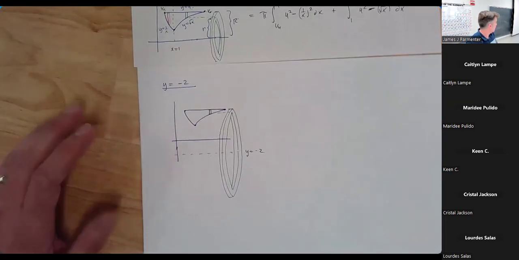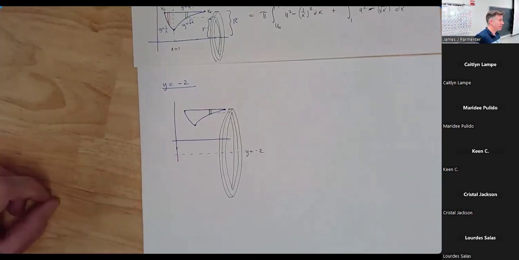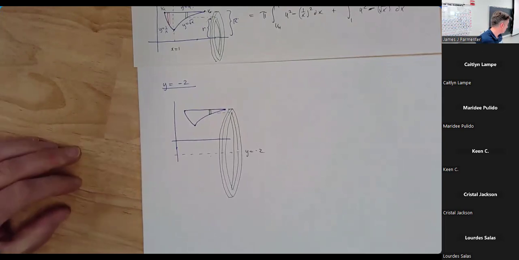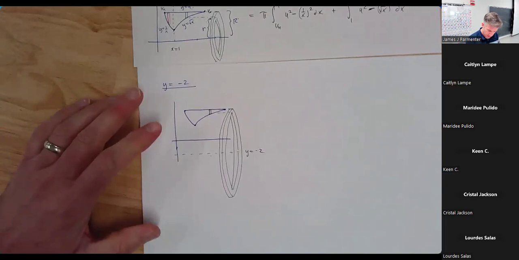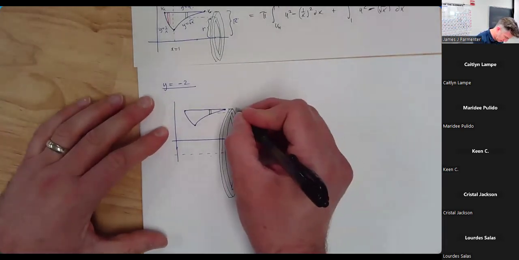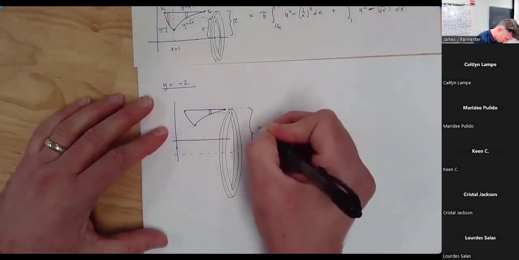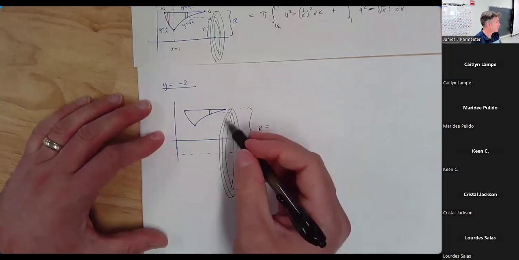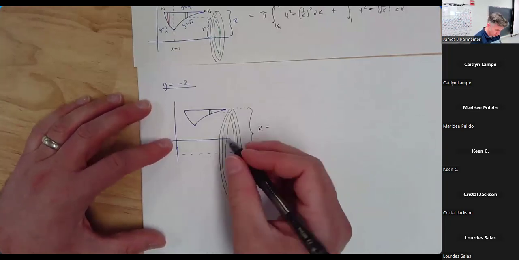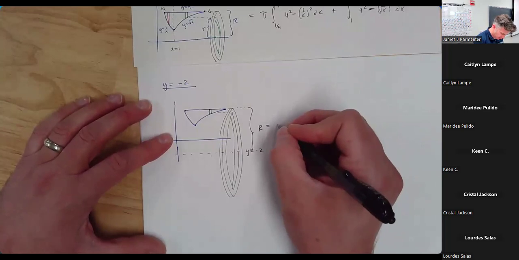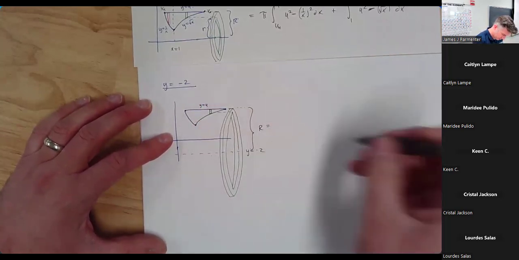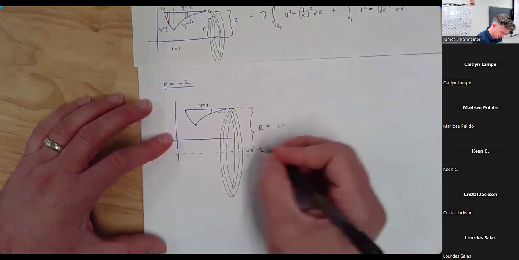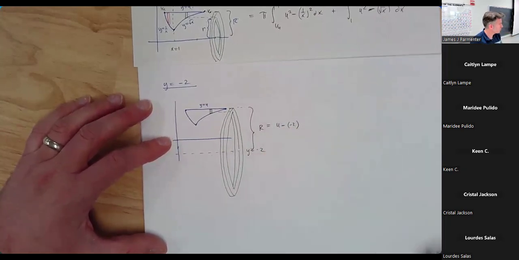So both of my radii, the larger radius and the smaller radius, both got bigger by 2. But the way I would encourage you to think about finding the radii here is that my outer radius is just the difference between the function and the axis of rotation. So the outer radius here is going to be the top function, which is y equals 4, minus the axis of rotation, -2.